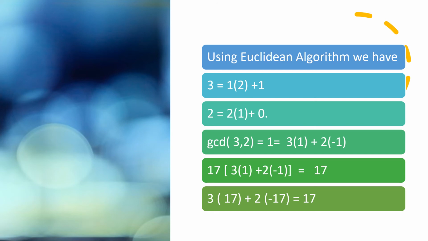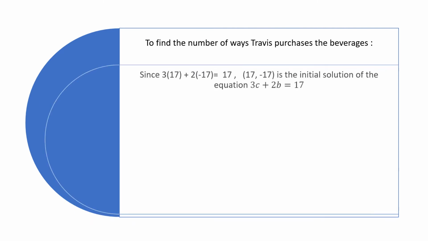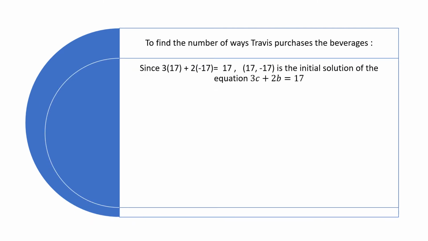From this, I'm trying to get a general solution with an initial case. To find the number of ways Travis can purchase the beverages, in other words, all possible cases, we have the equation 3 times 17 plus 2 times negative 17 is 17, where 17, negative 17 will be my initial solution for the equation 3C plus 2B equal to 17.